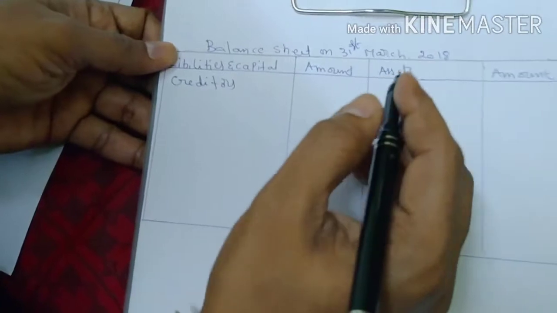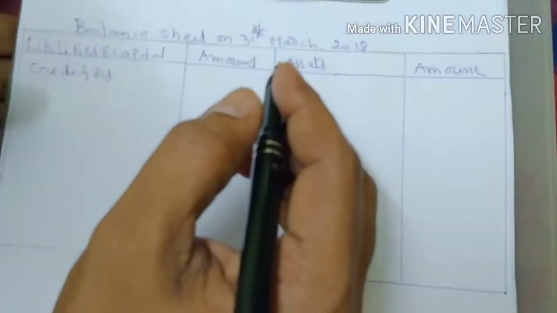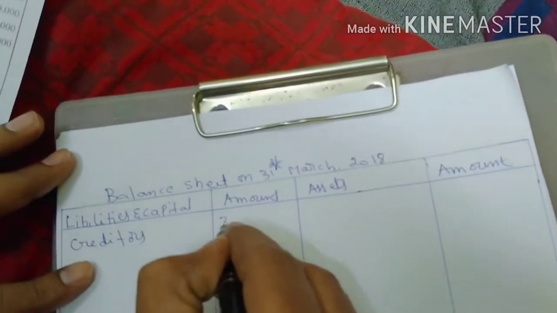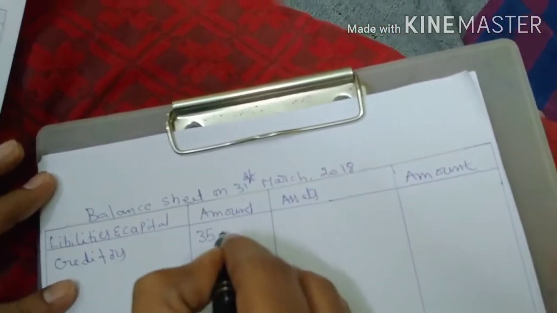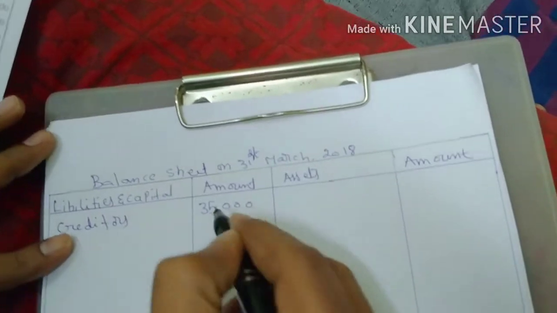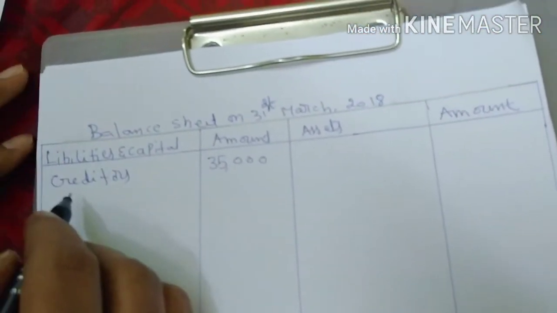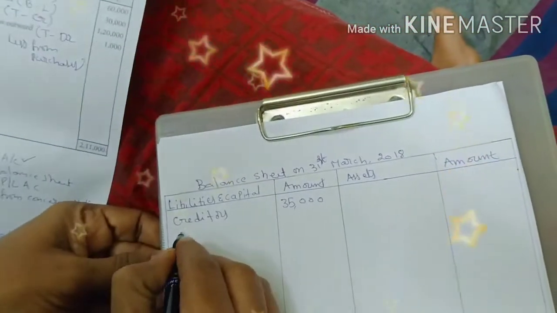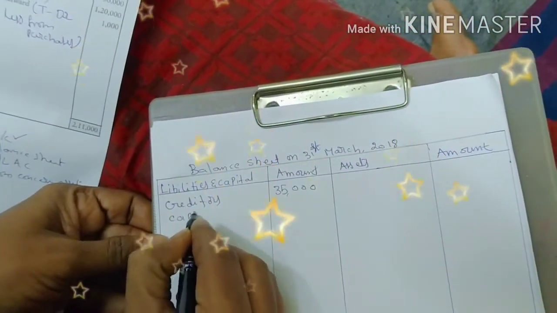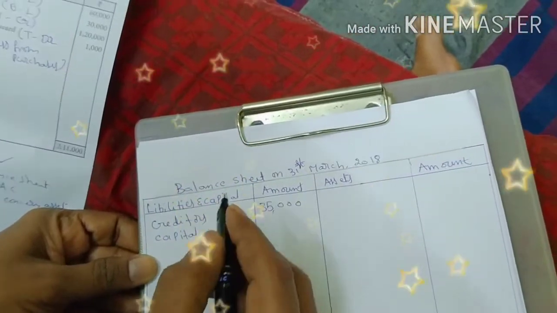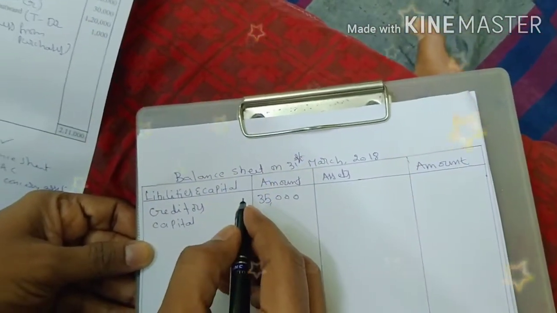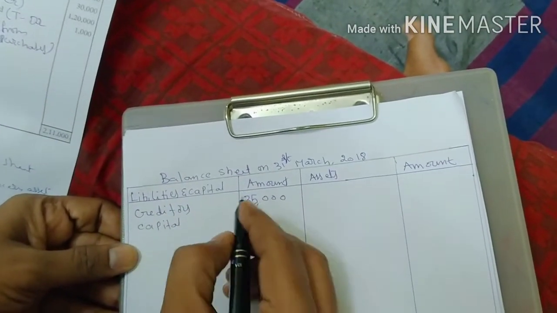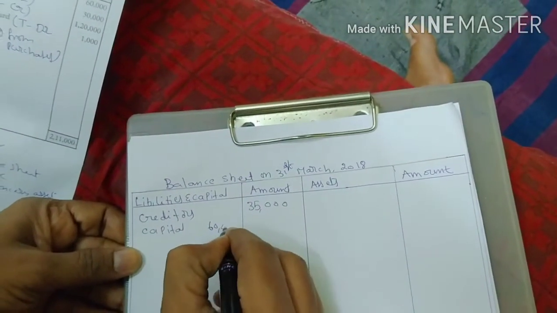total amount here 35,000. Next here, capital is there. We need to write capital, total capital amount is 60,000 rupees.